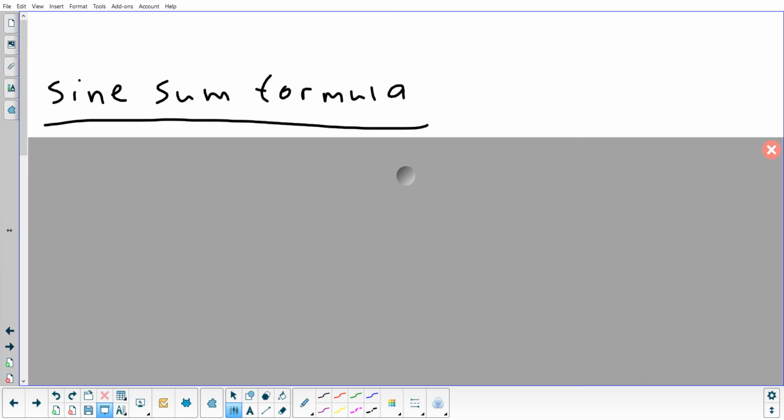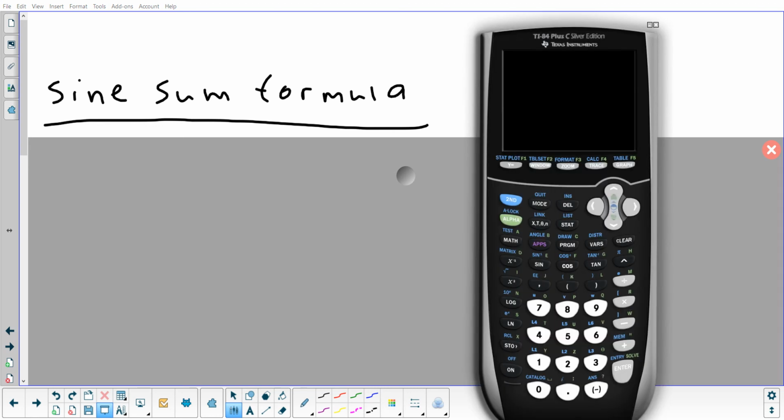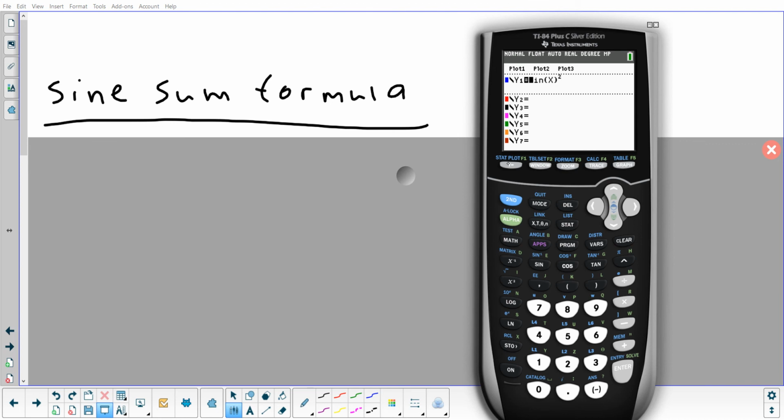So we did the cosine sum, we did the cosine difference. Let's look at the sine of a sum. To figure this one out, let's graph sine and cosine. Do a zoom 7. And I just want to remember what the difference is between sine and cosine.